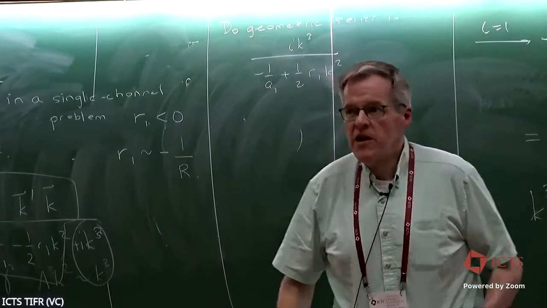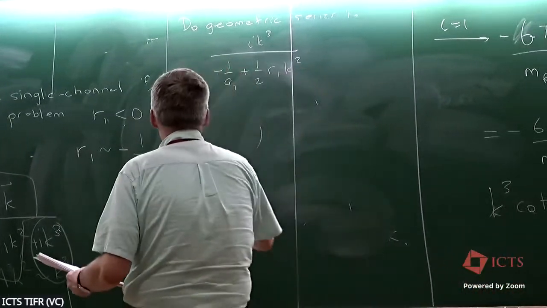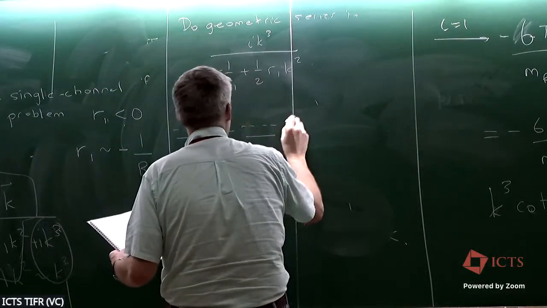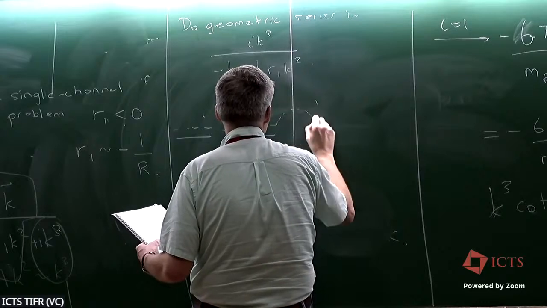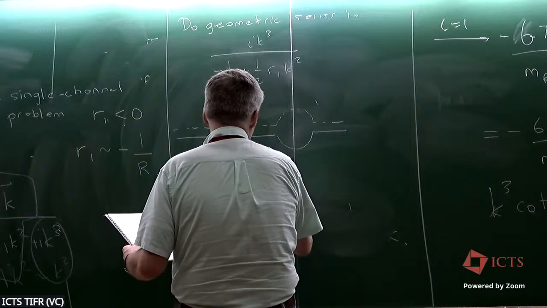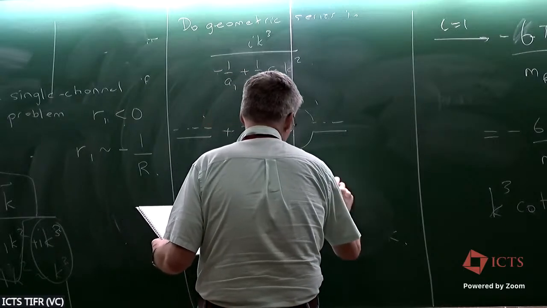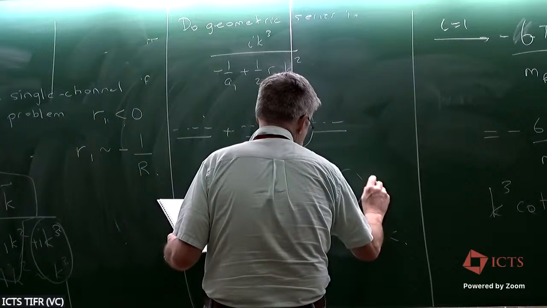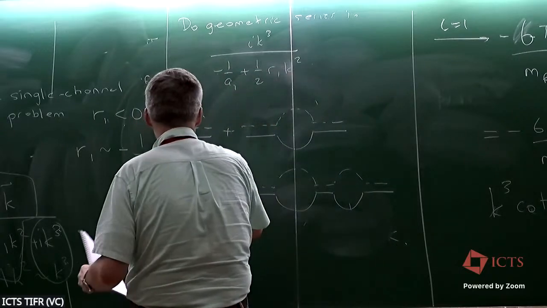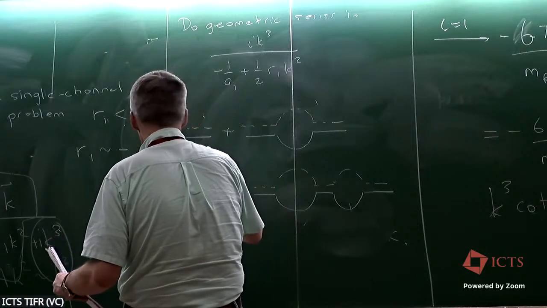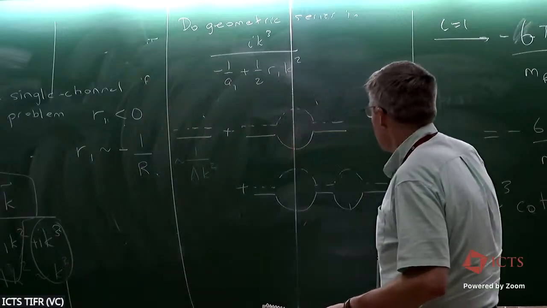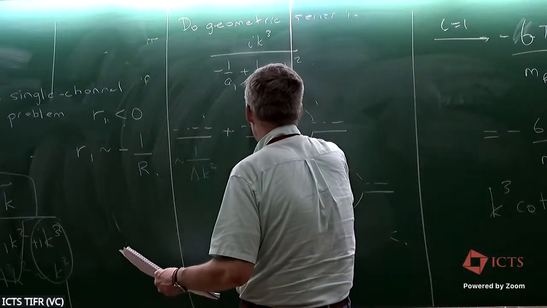So what does that mean? That means I want to do a geometric series in, if you like, the finite part, at least in the unitarity part of the dimer bubble. This thing is of order 1 over lambda k squared, and then this is 1 over lambda k squared.